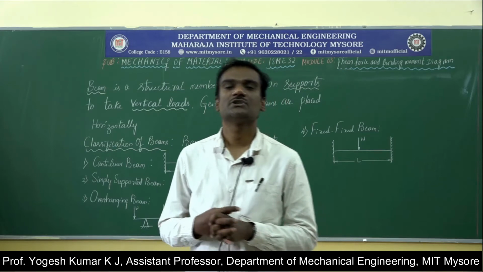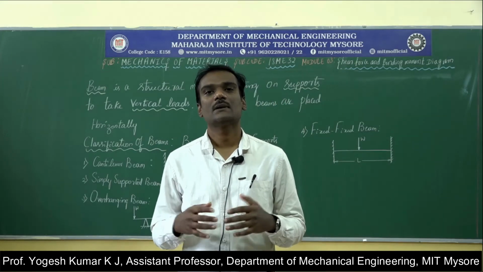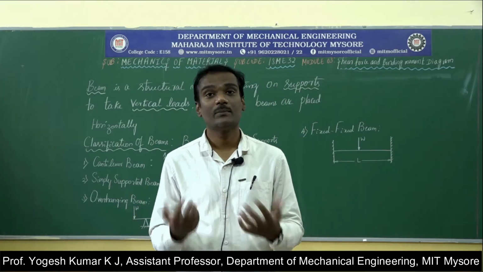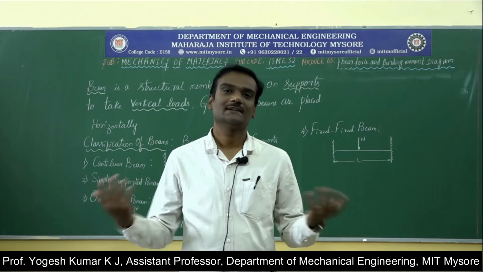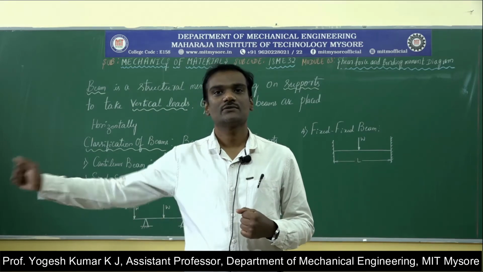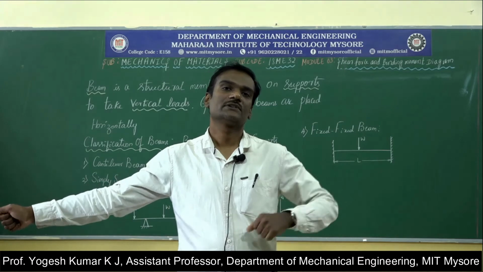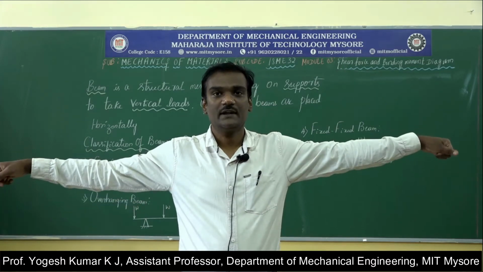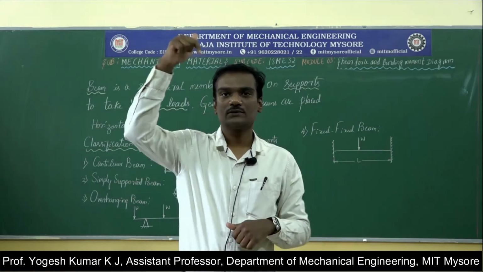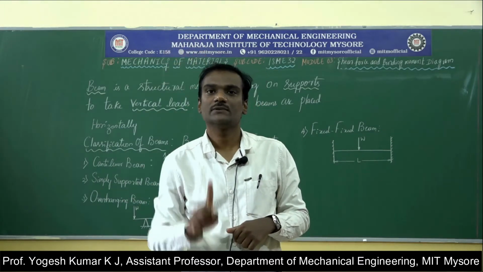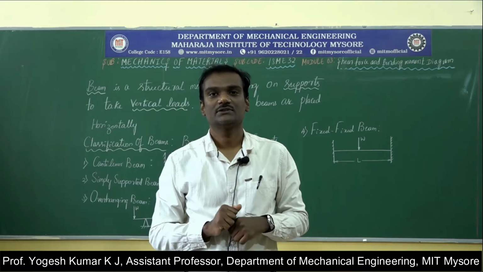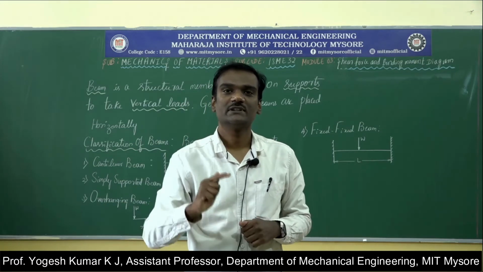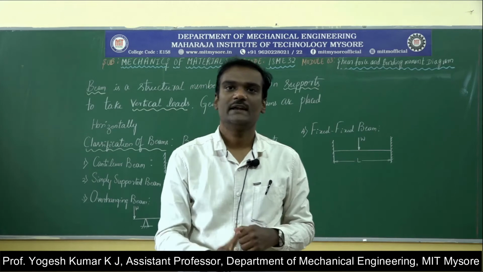Basic equilibrium conditions mean that the sum of the forces is equal on either side, like the forces acting towards the right should be equal to the forces acting towards the left, that is in the horizontal direction. In the same way, the forces acting in the upward direction should be equal to the forces acting in the downward direction when we consider the vertical or y direction.